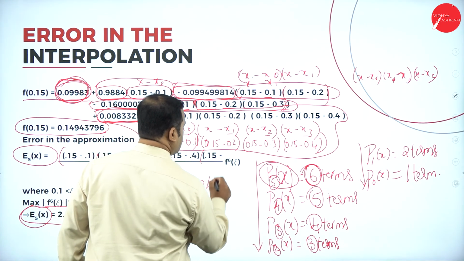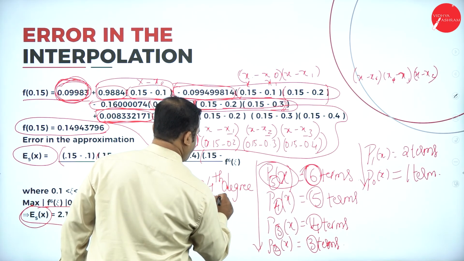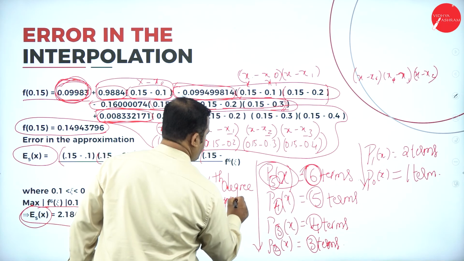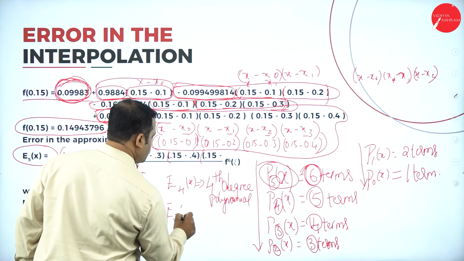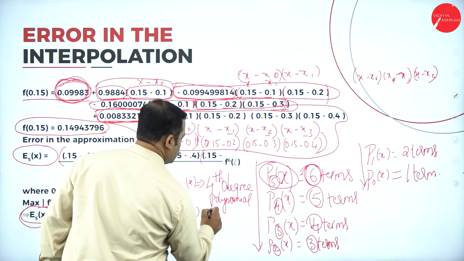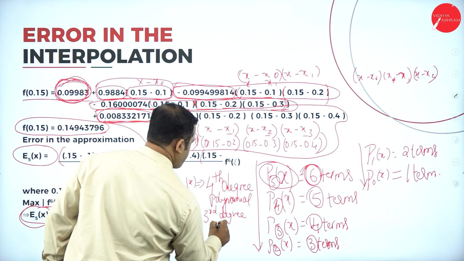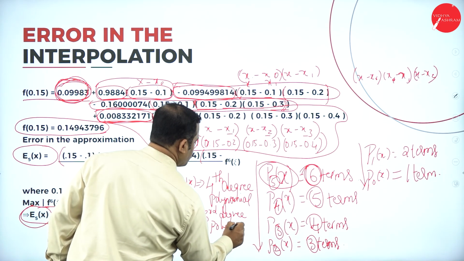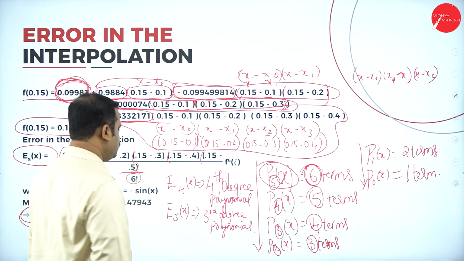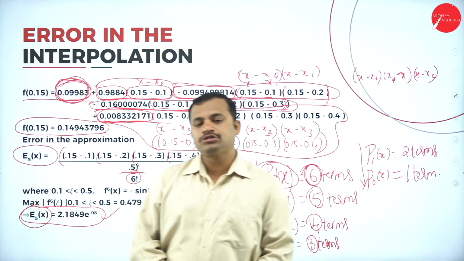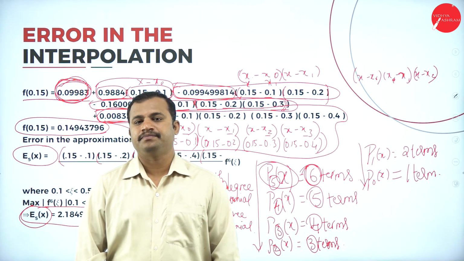For the third degree polynomial, we have to calculate E3 of x. Similarly E2, E1, E0. This is how approximated errors in interpolation are determined.